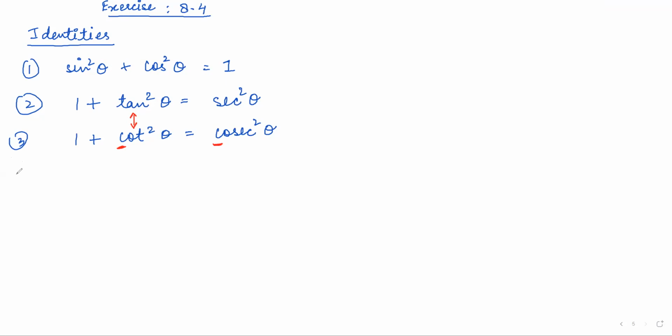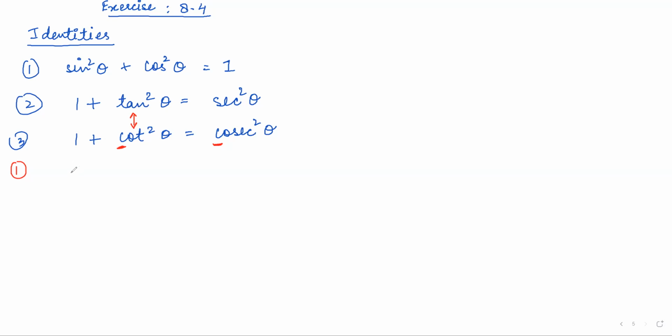Exercise 8.1, first question. Express the trigonometric ratios sin A, sec A, tan A in terms of cot A. For example, you have to write sin of A in terms of cot A. Understood? Yes, ma'am.